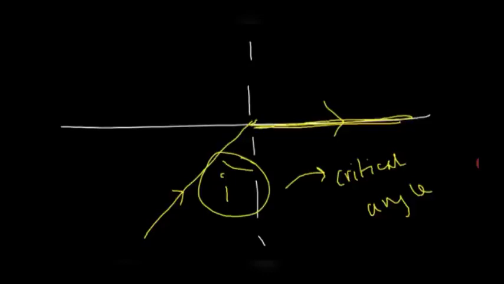Critical angle is the angle of incidence in the denser medium corresponding to which the angle of refraction in the rarer medium is 90 degrees. Meaning this thing is 90 degrees to this line. See this. So the angle of refraction becomes 90 degrees. At that time, whatever the I is, that is my critical angle.